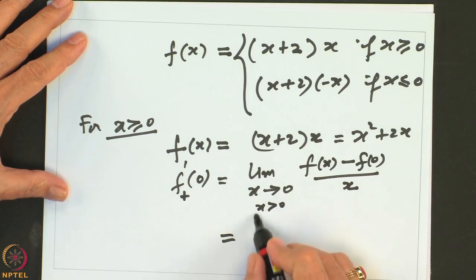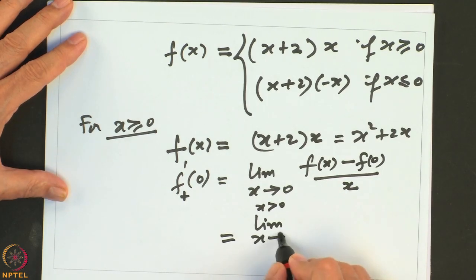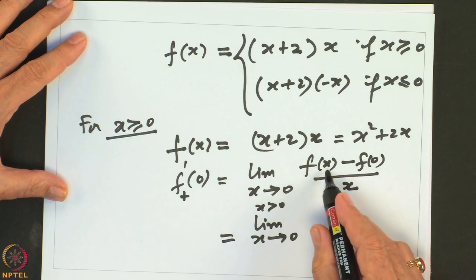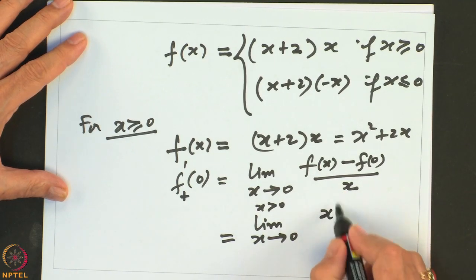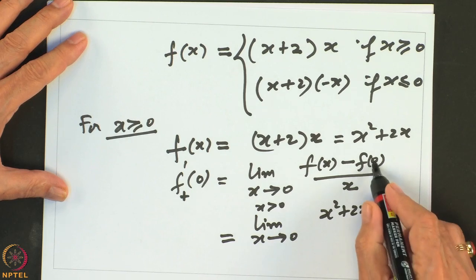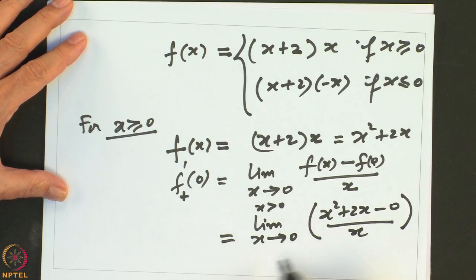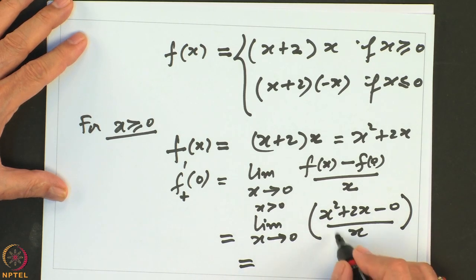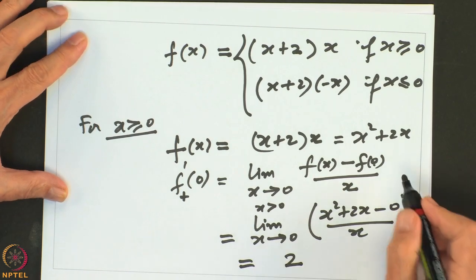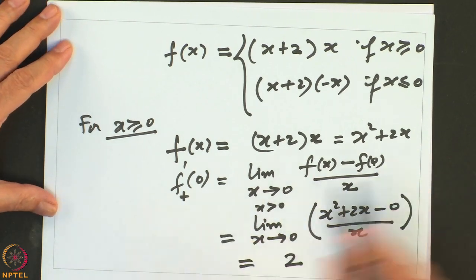When x is positive, the value is x square plus 2x, f of 0 is 0, divided by x. So x cancels, and it is x plus 2. So, the value is 2. So, the right derivative at the point 0 is 2.